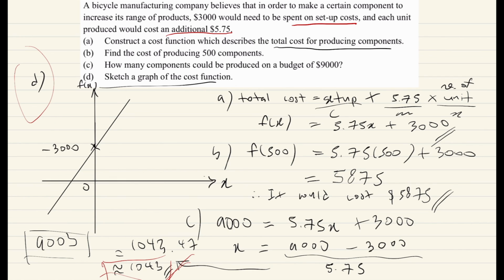Just imagine when you start up, that will be your C. Not starting cost, but the cost when you start up. So whenever the graph starts, it'll be 3,000, so it'll be C, I mean. So this might be confusing because we actually don't need this.